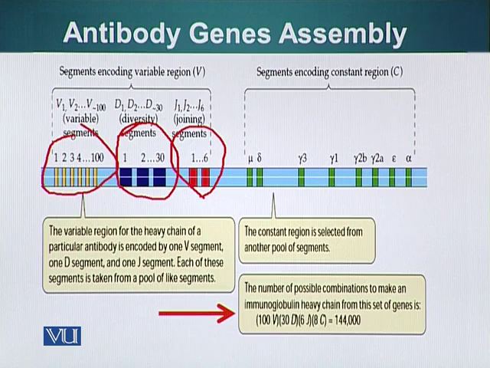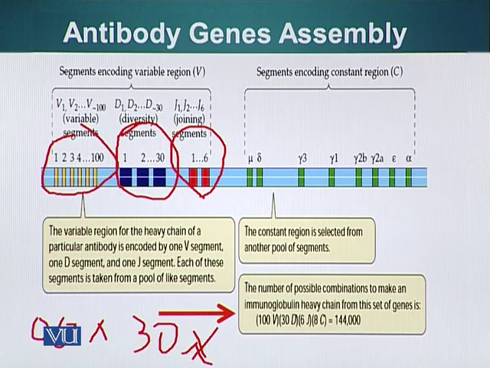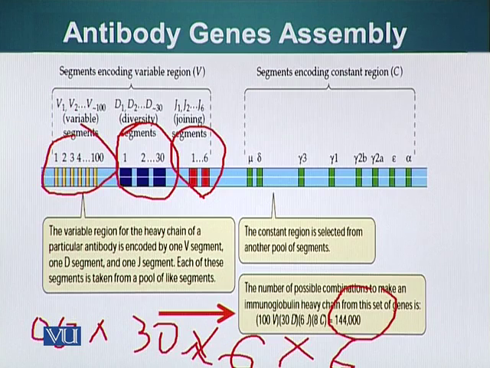The simple formula is we multiply 100 times 30 times 6, and if we want to consider that there are 6 constant regions, we multiply by 6, and we come up with a number which is 144,000. So this is just for the heavy chain. We have 2 chains, heavy and light.